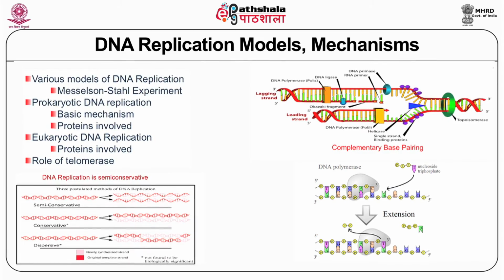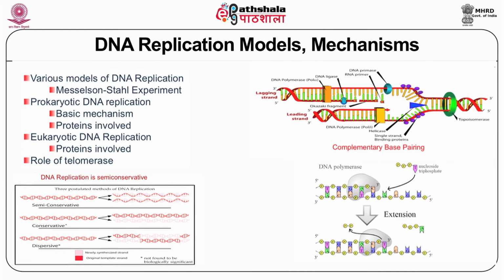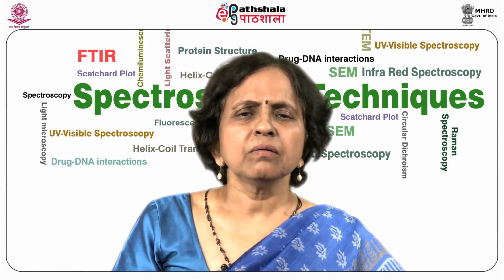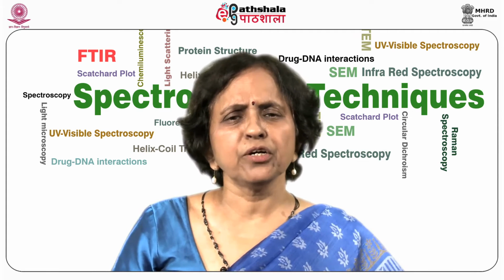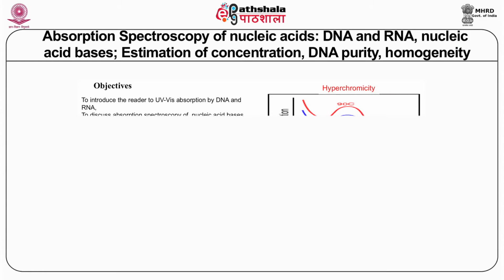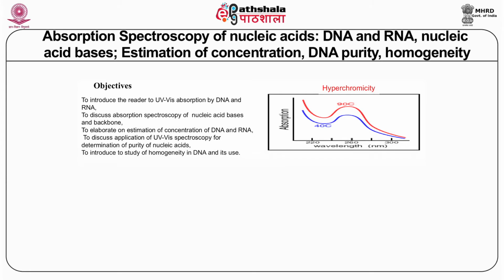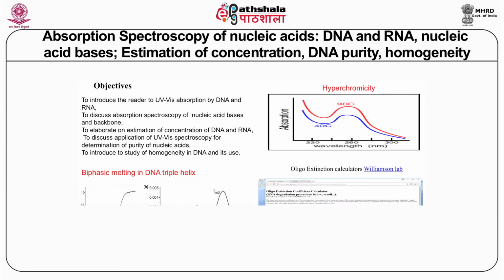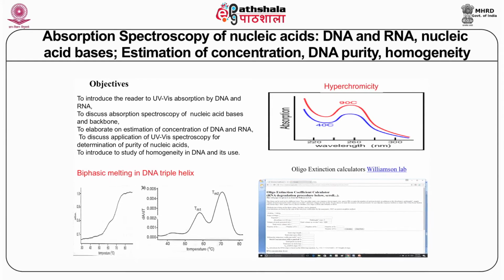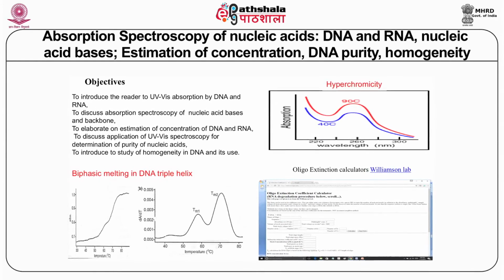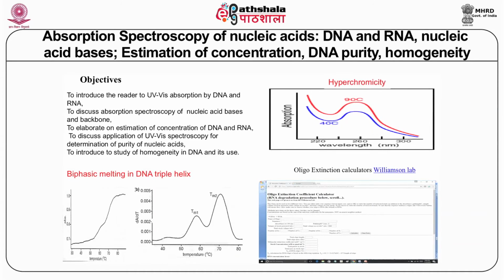260 by 280 is a very common parameter that you determine, and discuss the absorption of the various nucleic acids. There are also backbone contributions, how they influence the absorption, and then of course estimation of the concentration, absorption spectroscopy for purity of the nucleic acids, and so on and so forth.